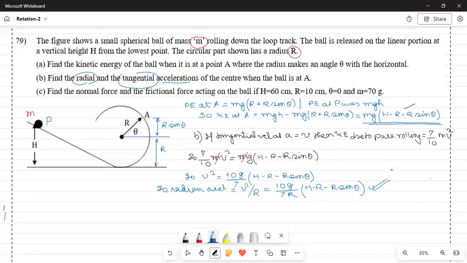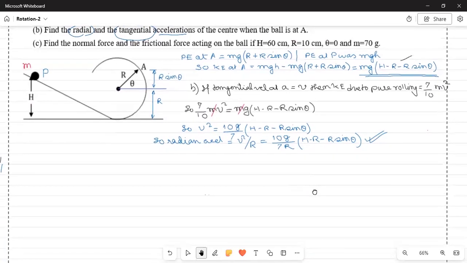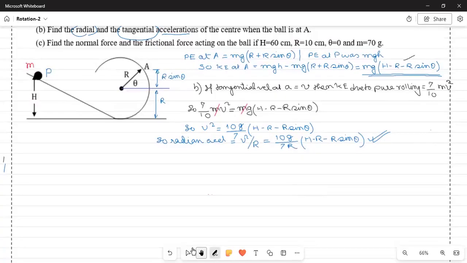Now they want us to find the tangential acceleration. How do we find the tangential acceleration? It will be another simple step. From this equation, say this is equation 1, you can write, this was v square by r is equal to this.